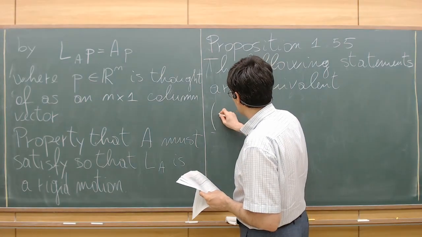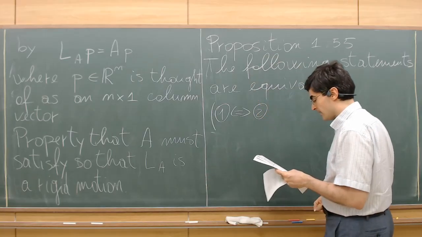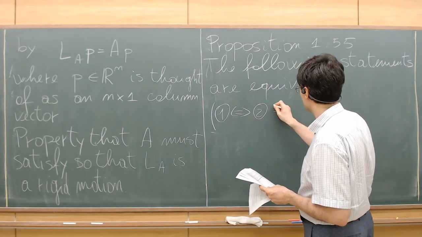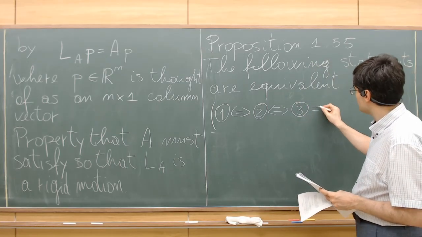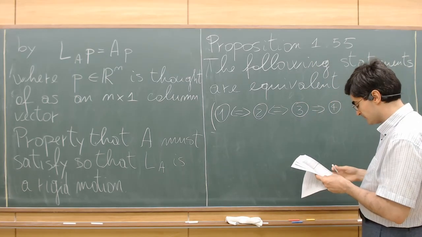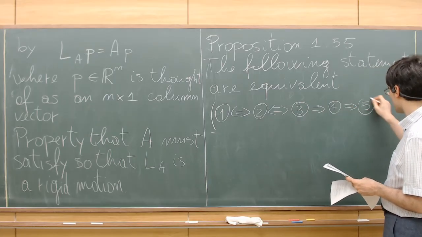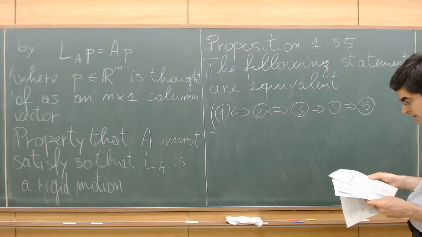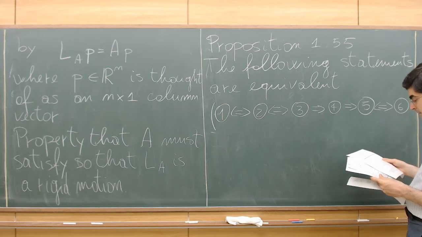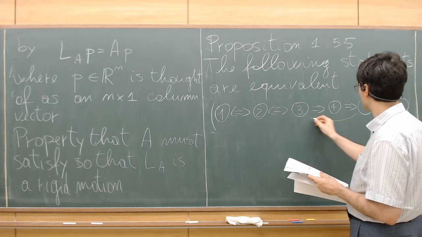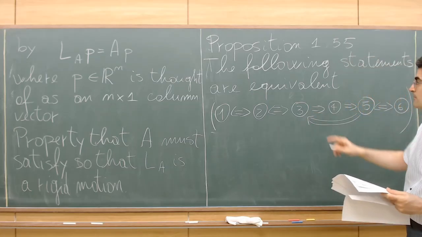I will prove that 1 is equivalent to 2. I will prove that 2 is equivalent to 3. I will prove that 3 implies 4, 4 implies 5, 5 is equivalent to 6, and 5 implies 3. So this is a scheme of the proof.